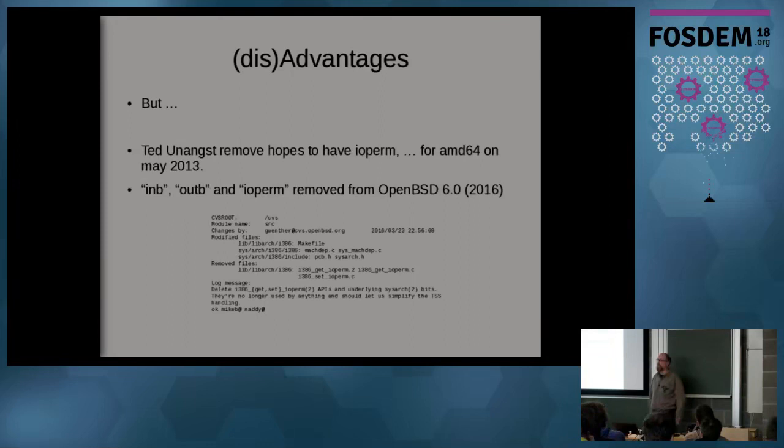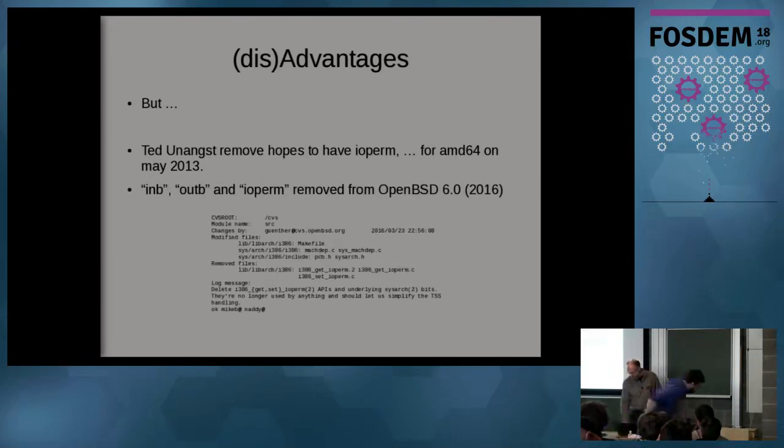So I said, okay, I have to continue with the 32-bit. But then in 2016, they decided to remove that also. So OpenBSD 6.0 was the decision for me to move away from this old board and to buy a new one.